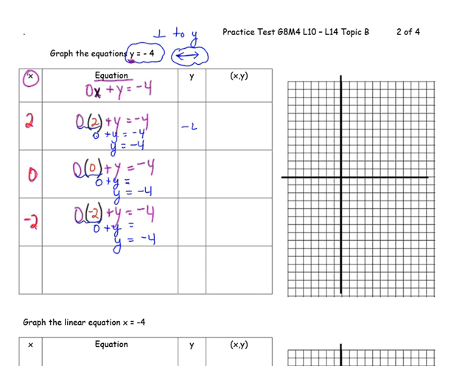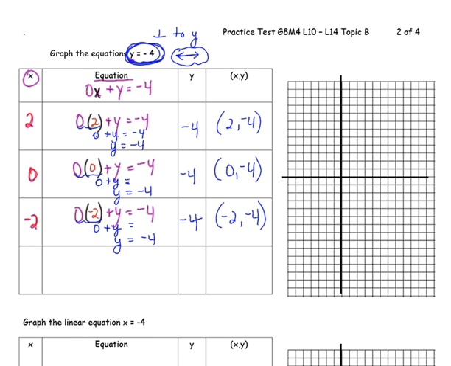So our y value is equal to -4, which we knew because it says right here in our equation y equals -4. This is just a way to help you find ordered pairs. Once you've got your ordered pairs, graph them.